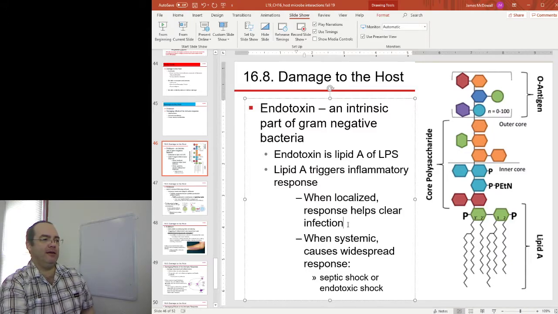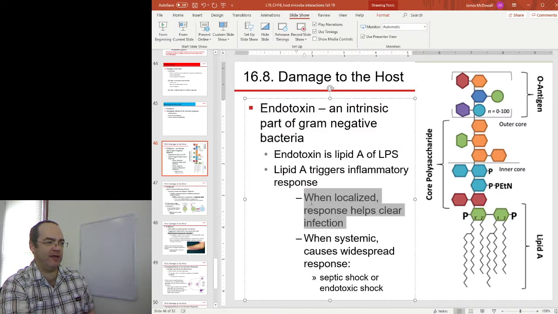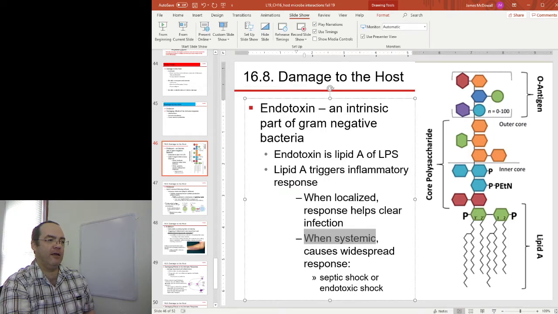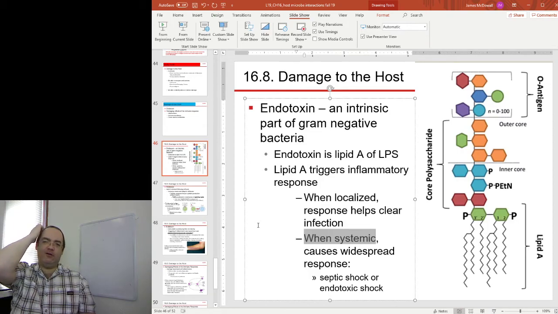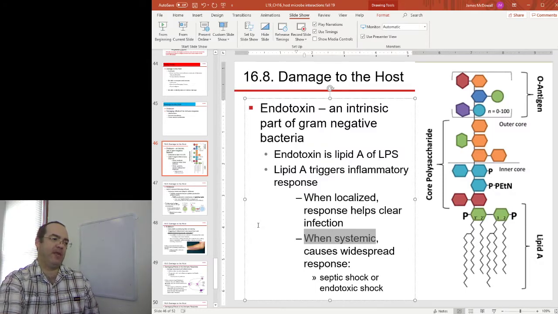So maybe it's like a rapid response against gram-negative infection. But the problem comes when this inflammation is systemic. And once again, inflammation, always damaging. Systemic inflammation can be very damaging, even fatal.